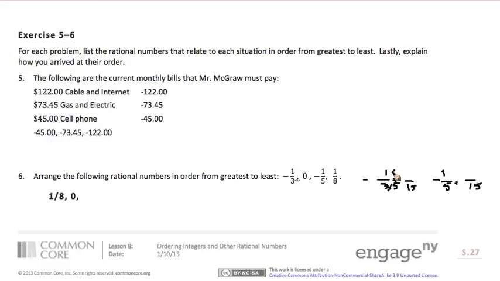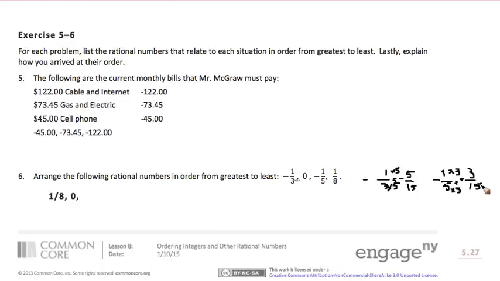I have to do the same thing to the numerator. And then with the second fraction, -1/5, I multiply 5 by 3 to get 15. So I'll have to multiply my numerator by 3 as well. And the equivalent fraction would be -3/15.